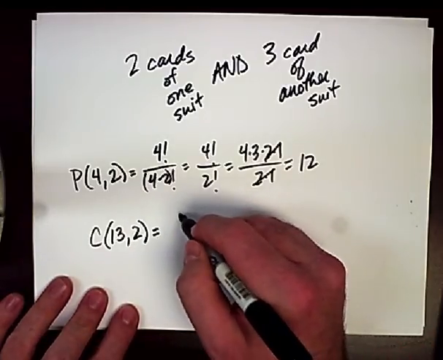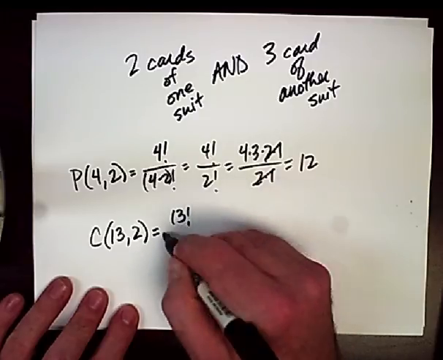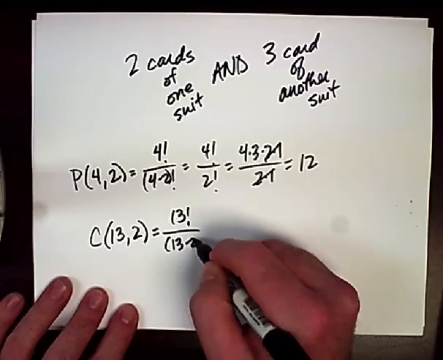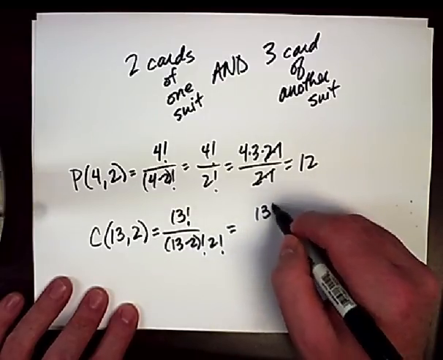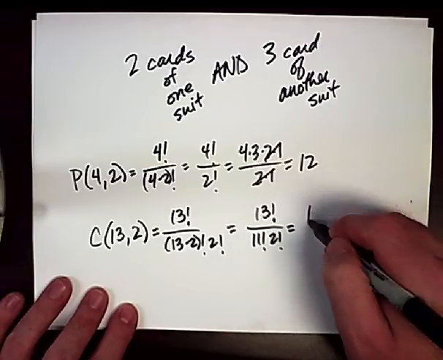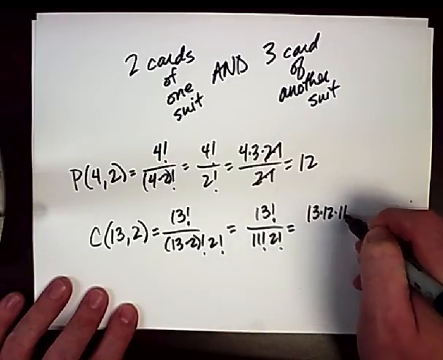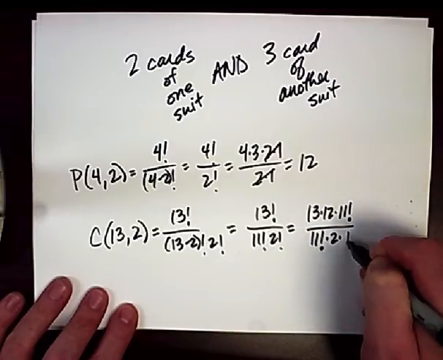Well, according to the formula, that is 13 factorial over 13 minus 2 factorial, 2 factorial. So that's 13 factorial over 11 factorial, 2 factorial. So that's 13 times 12 times 11 factorial over 11 factorial times 2 times 1.